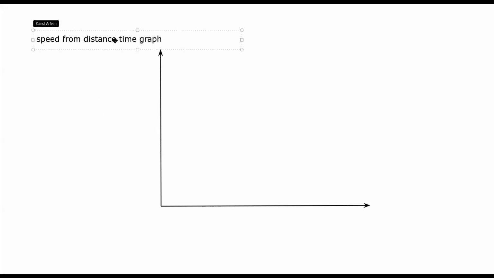Sorry, it's distance from speed time graph.